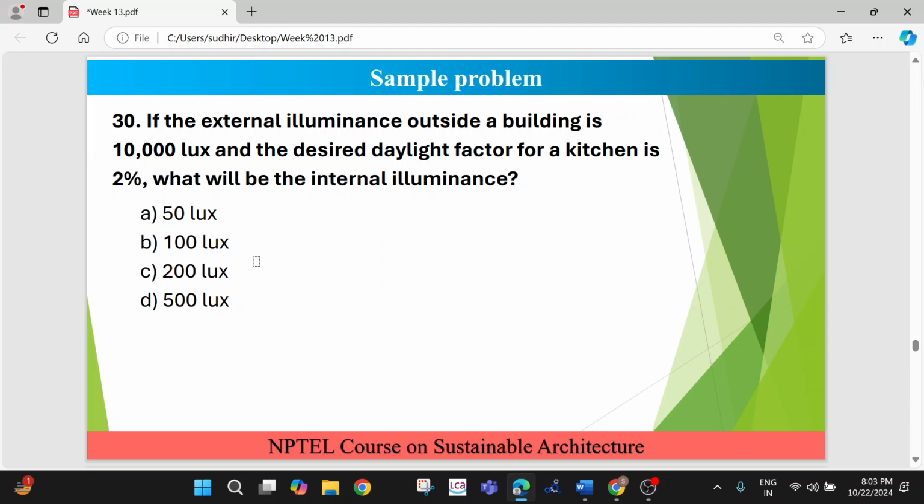There are not many numerical questions in this course, so whatever short numerical questions can be formed and have been discussed, try to recall those short formulas, because there will be some numerical problems for sure.